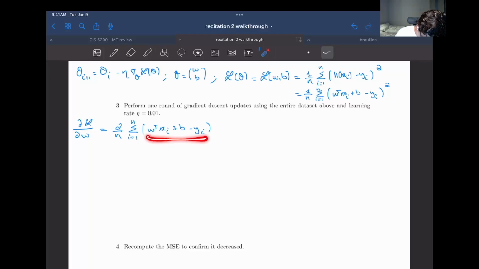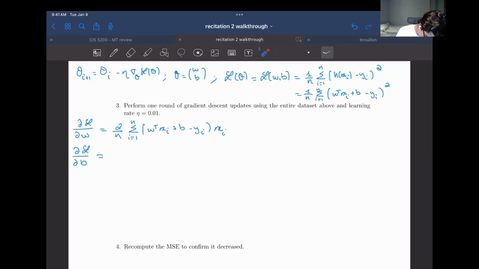If this is f, if we differentiate with respect to w, this term is gone, and the only thing that stays is xi. So xi comes here. And let's compute the same with respect to the other parameter b. We're still differentiating the same loss, but with respect to b.